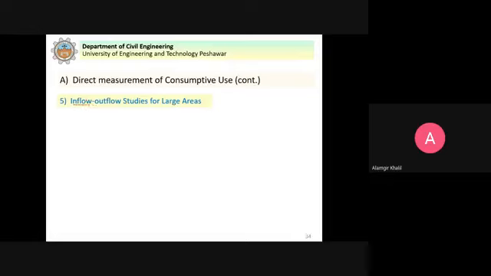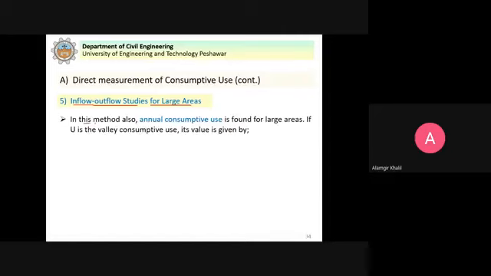The fifth method is inflow-outflow studies for large areas. In this method also, annual consumptive use is found for large areas. If U is the valley consumptive use, it is given by this equation.